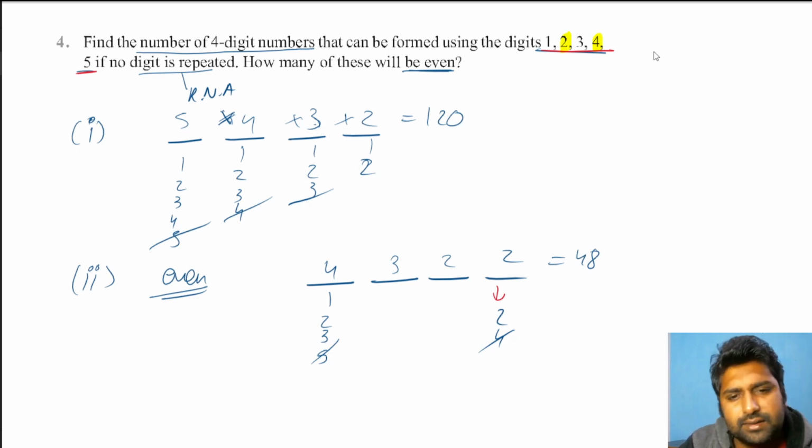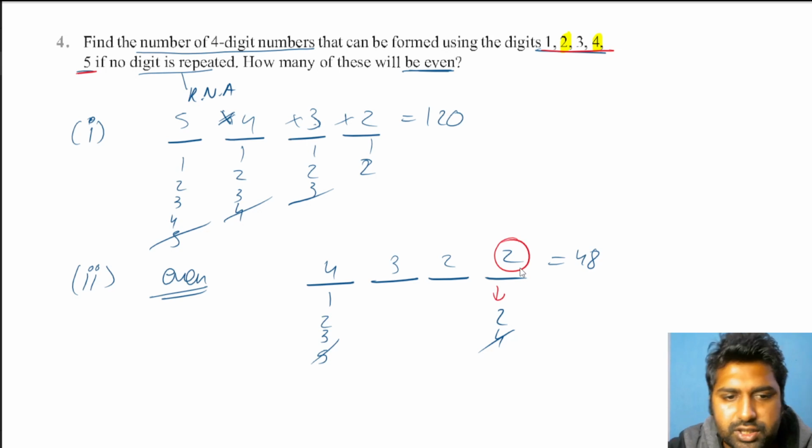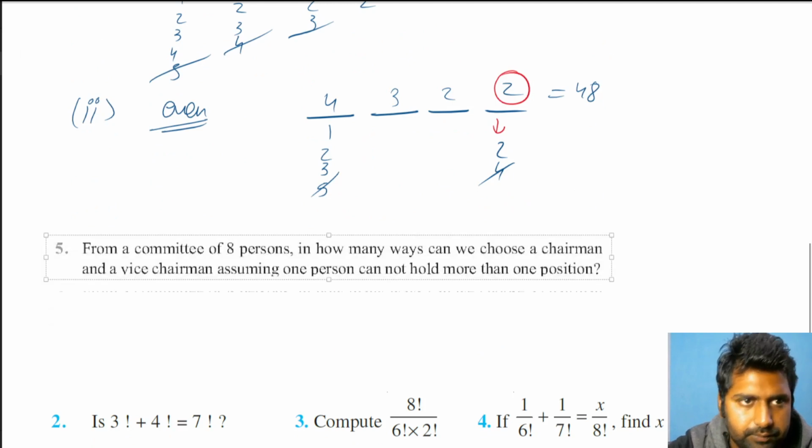If you understand, then good enough. If you don't, don't worry. You can solve this, that's much more important. If the question asks how many even numbers there are, you should be able to do this. But remember that for even or odd, make sure you fill the options for the last digit first to make sure it's even or odd. Okay, then one more.